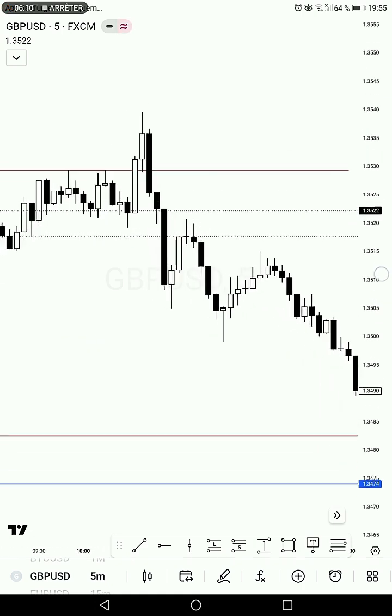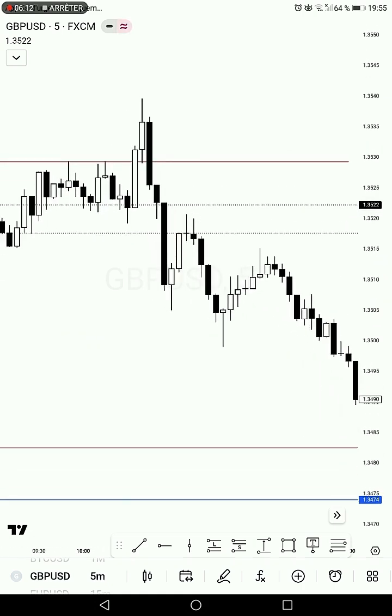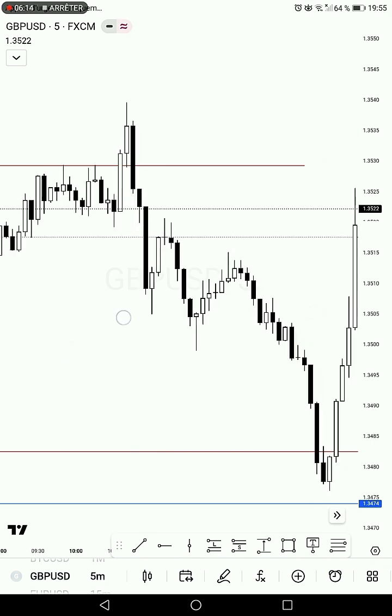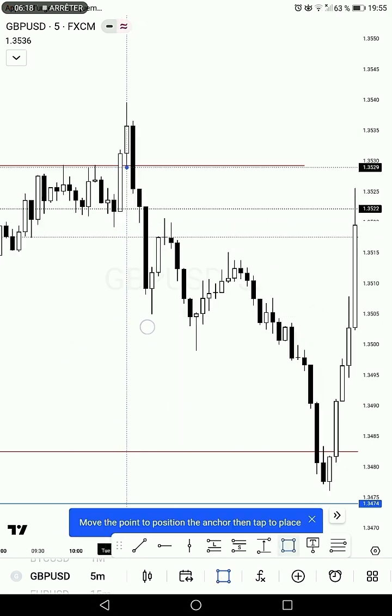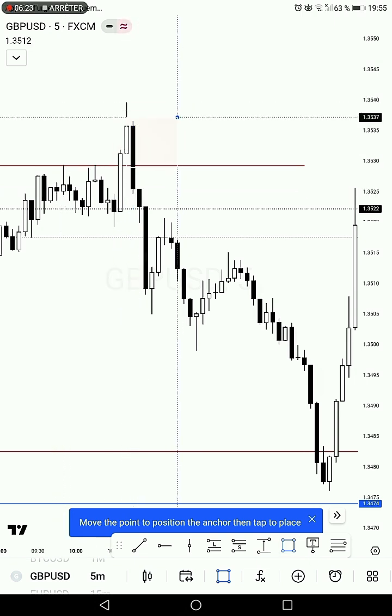with an order block. And why do I choose that as an order block, which is this candle right here? Why do I choose this candle range as my order block?